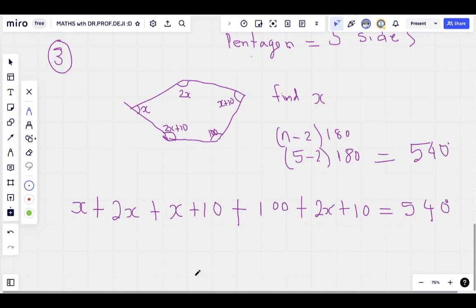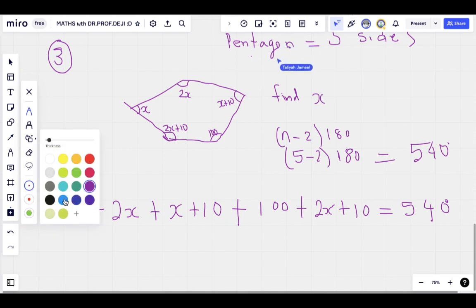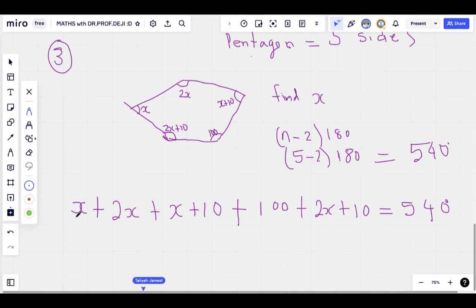Equal to 540. So I'm going to add all the terms that have x first. x plus 2x, I get 3x. Plus another x, I get 4x. Plus another 2x, I get 6x. So I write down 6x.